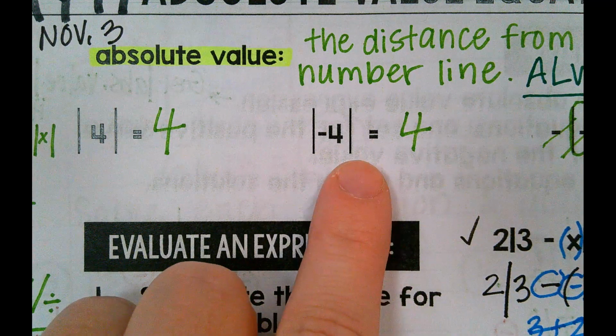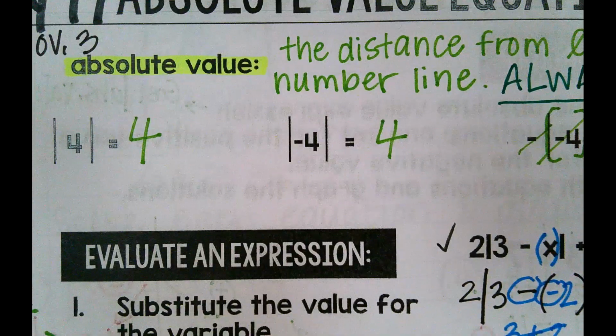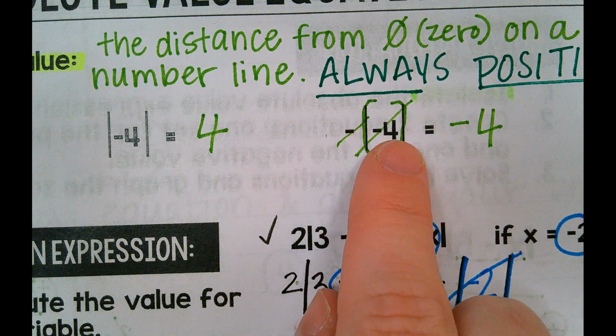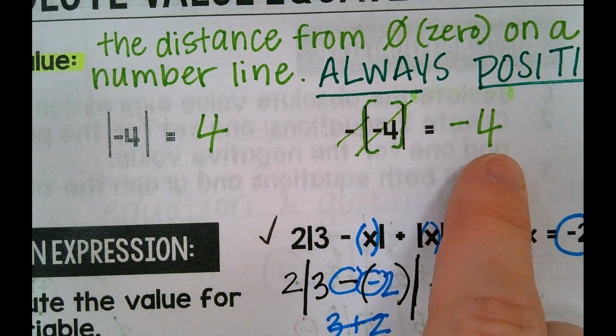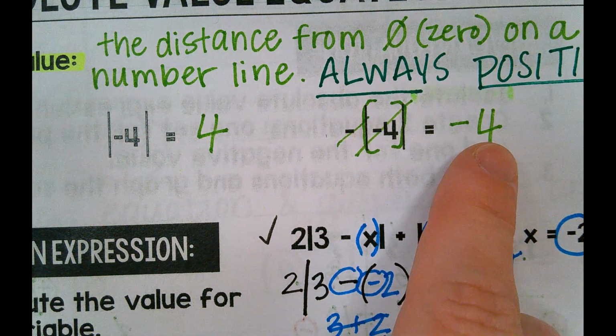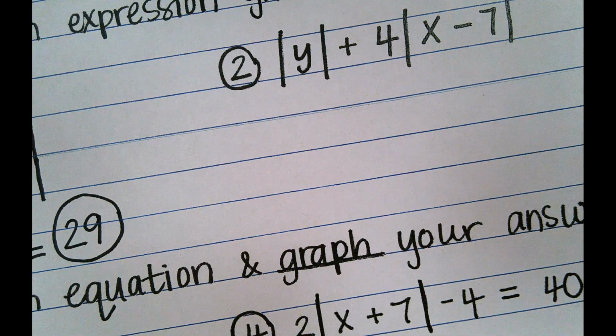The absolute value of negative 4 is still positive 4. The only way we would get a negative answer is if there's a negative outside of it, like the negative in front of the absolute value of negative 4, which makes it negative. Does that clarify a little bit? Yeah. Cool.